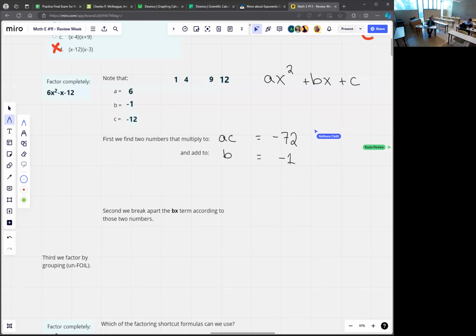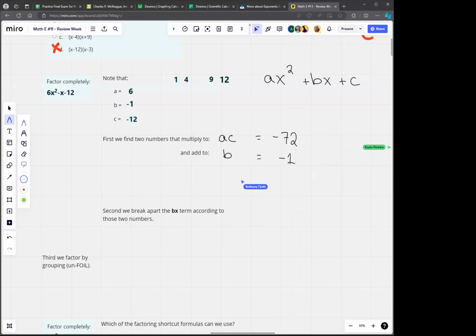I could start my list, 1 times 72, 2 times 36, but right, factors of 72 that are 1 apart. Like if it was 20 instead, I could do 4 and 5. Those are only 1 apart and they would multiply to 20.